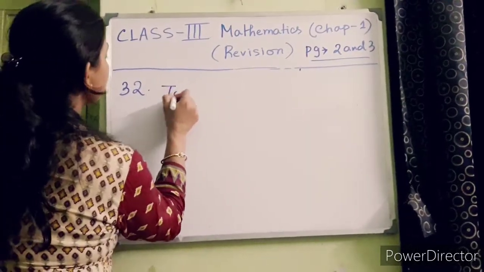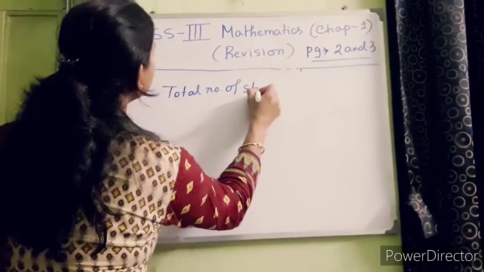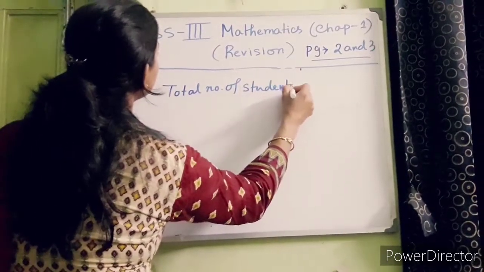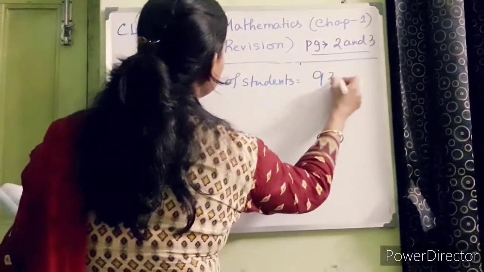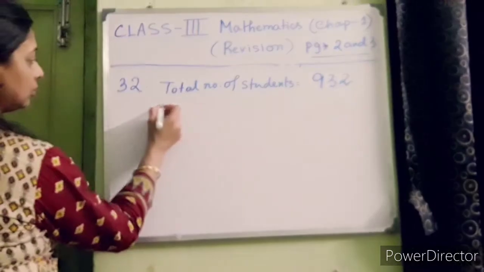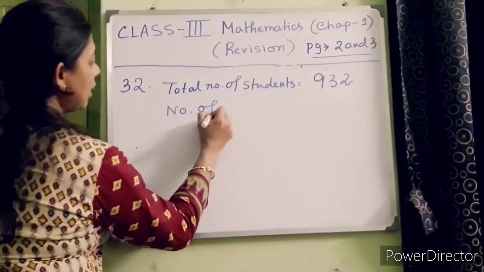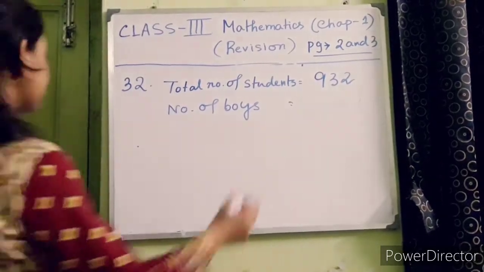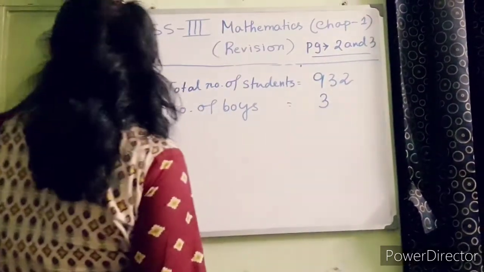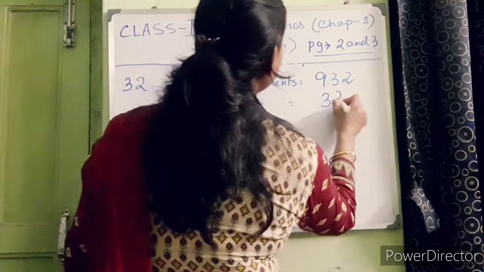Total number of students 932. Number of boys 324.